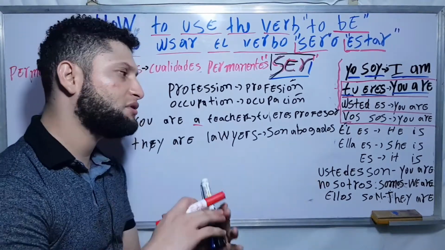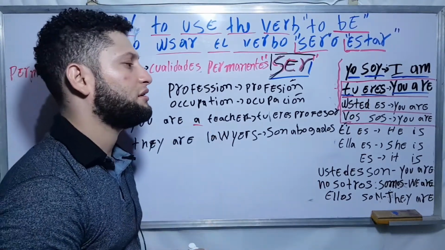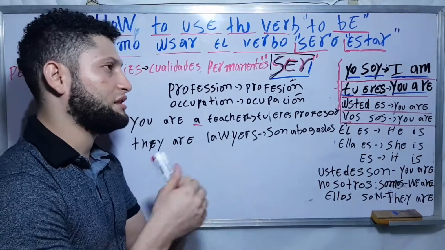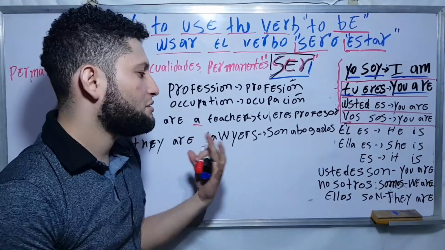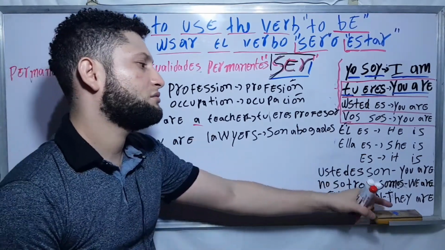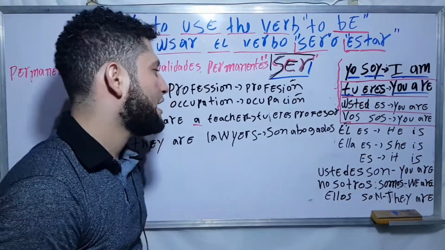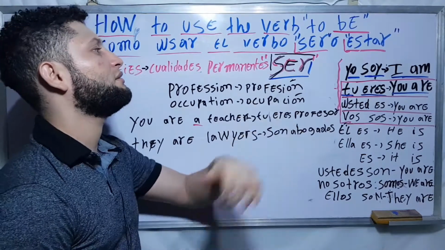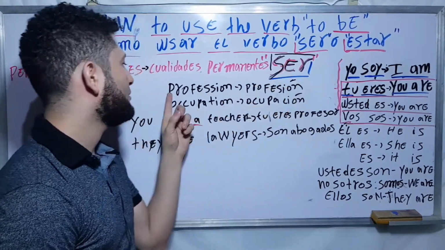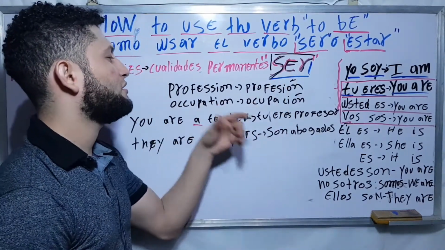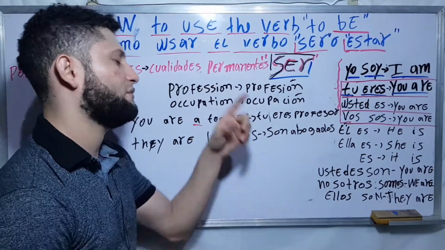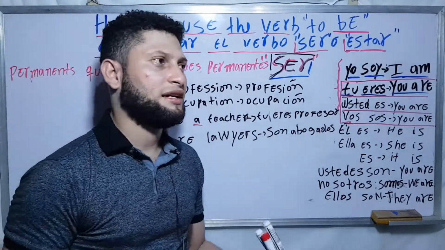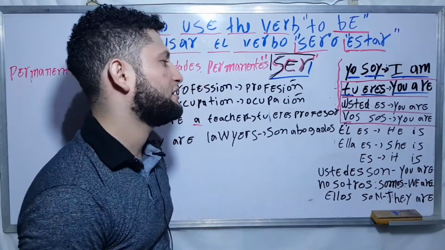As I said previously, if you know you are speaking about certain people, you can say just son abogados. Remember guys, we are speaking about the verb ser for profession and occupation. Profesión, ocupación.